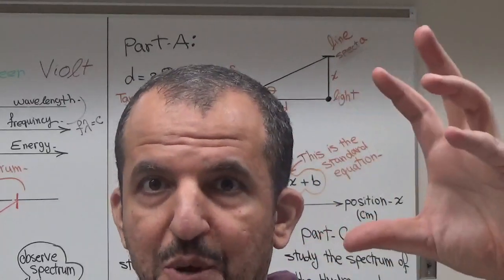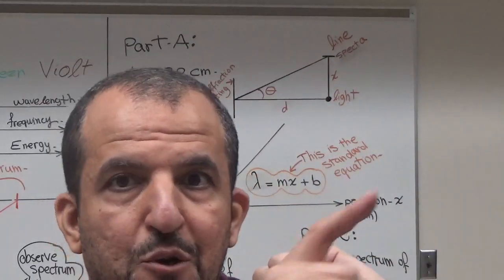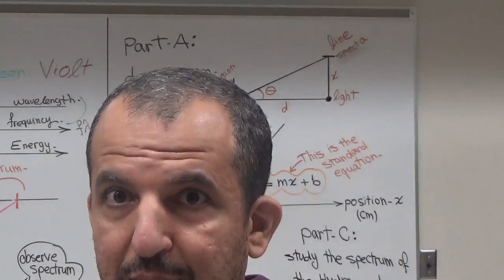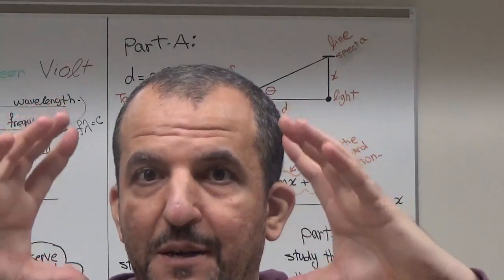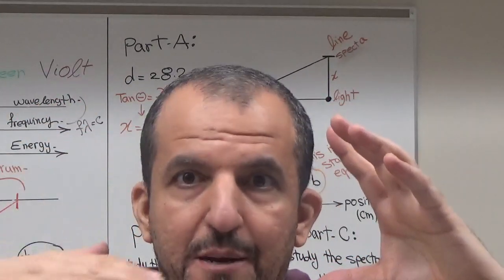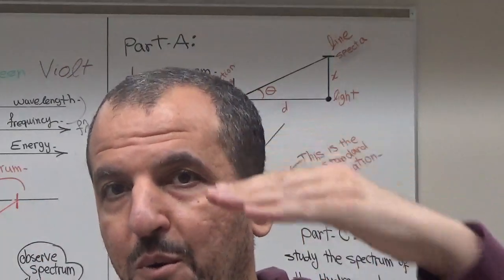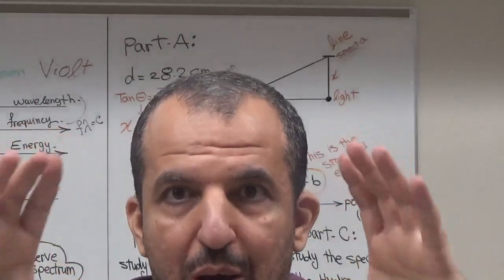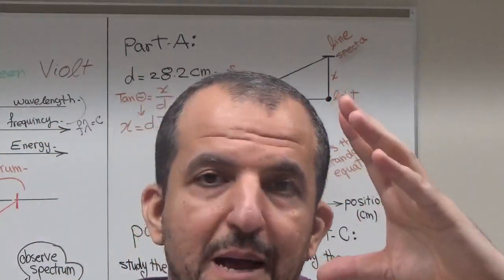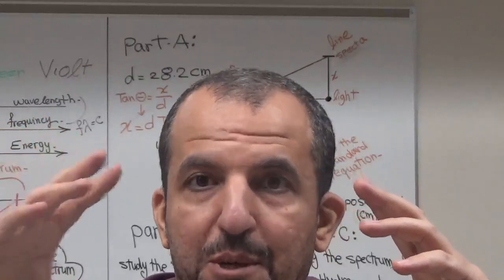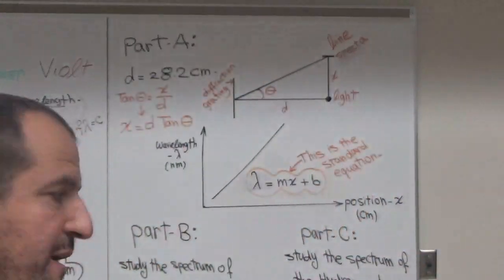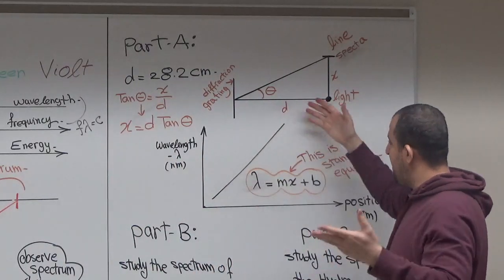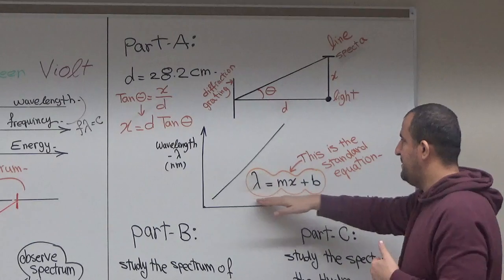So you can use those wavelengths, compare them with what you have from the Mercury discharging tube, and then have a set of data: position, angle, wavelength. Use the angle to calculate the position of the line spectra, and then plot wavelength along the y-axis with respect to position along the x-axis, and that should give you a straight line, as you can see right here. Fit that with an equation, so that will give you this equation that you can see right here.